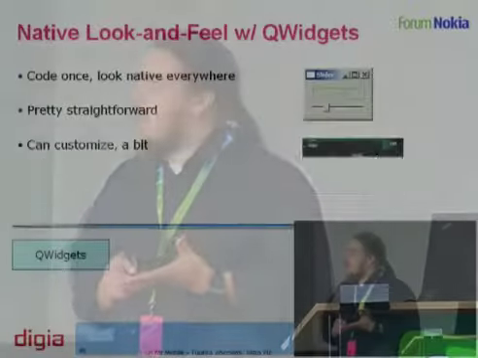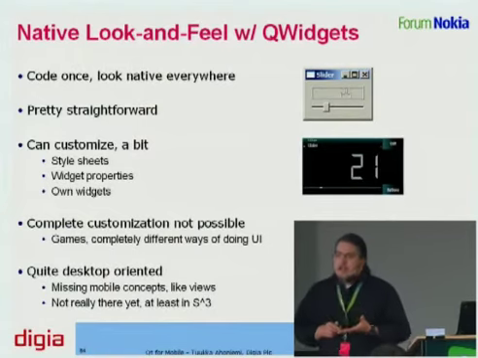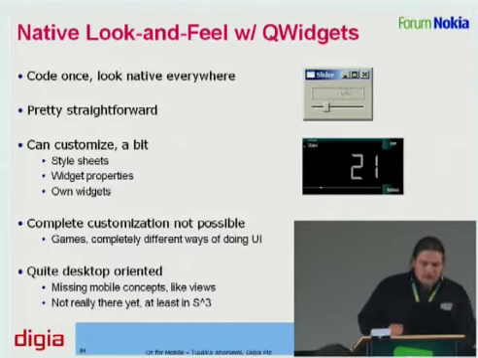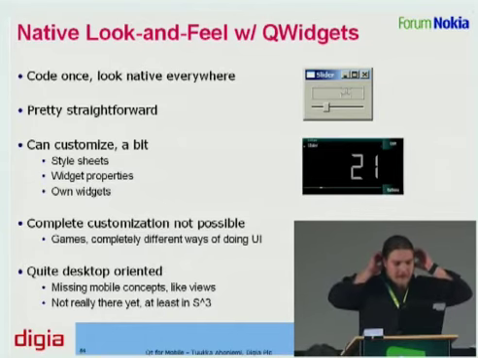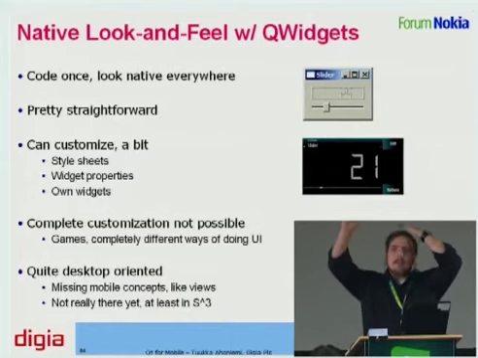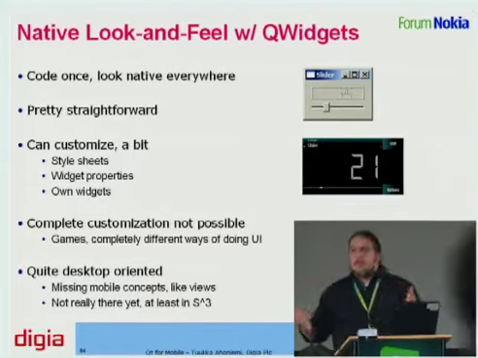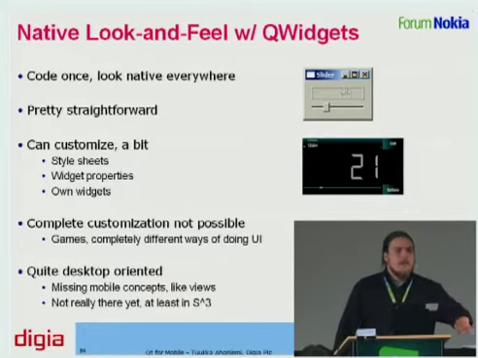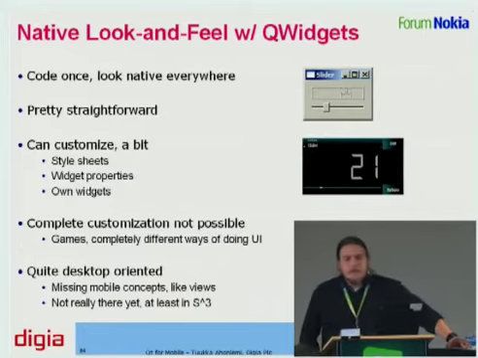So the QWidgets try to imitate the native look and feel. Their usage is pretty straightforward. I mean, you just create and you don't need to set up any platforms. You just compile and it works, looks native, it's a native platform.